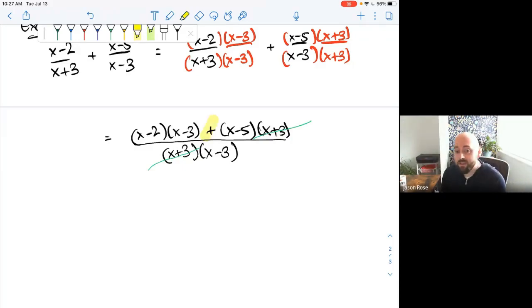The x plus 3 in the bottom is a factor, but the x plus 3 in the top is not a factor because it doesn't multiply by everything else. That plus sign in the middle means it's not a factor. So this cancellation cannot be made. But it doesn't mean the cancellations aren't possible.